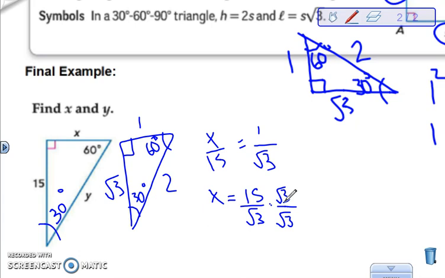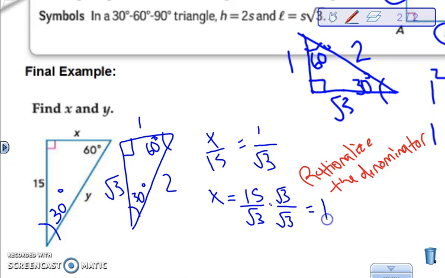The technical term for this is rationalize the denominator. I do 15 times the square root of 3.